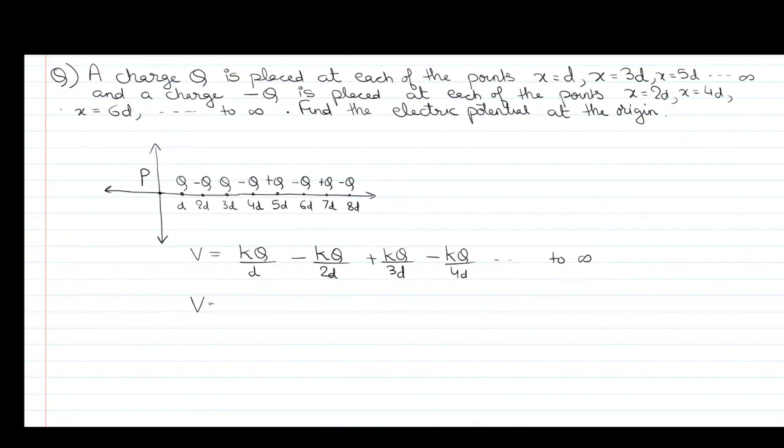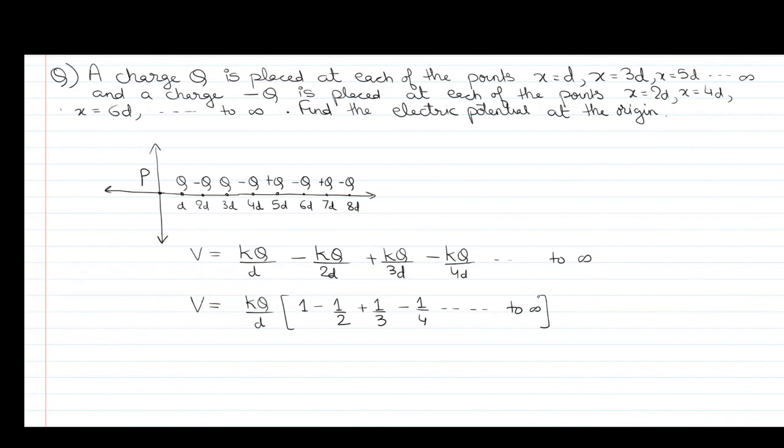So if we take k, q and d as common, we will get 1 minus 1 by 2 plus 1 by 3 minus 1 by 4, and this will go on up to infinity.